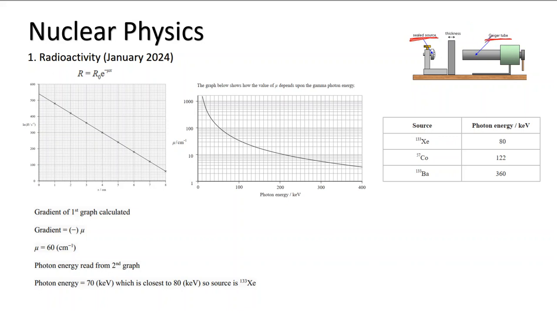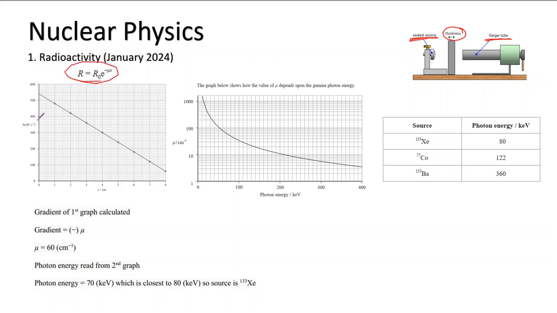And between these two, you have an absorber. And this specific question is dealing with the thickness of this absorber. So the thickness determines the count rate, and they are related by this equation.